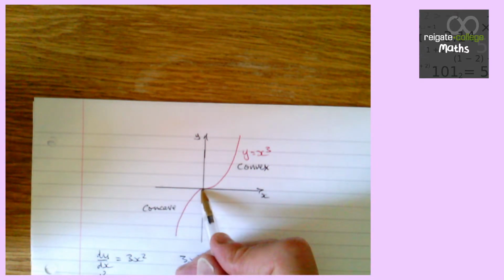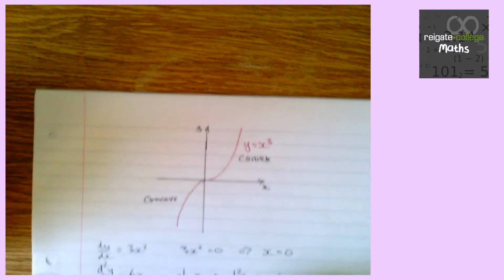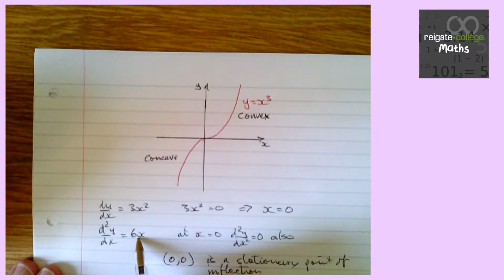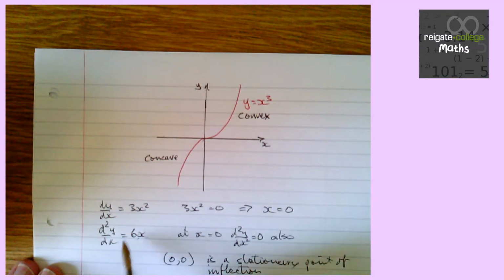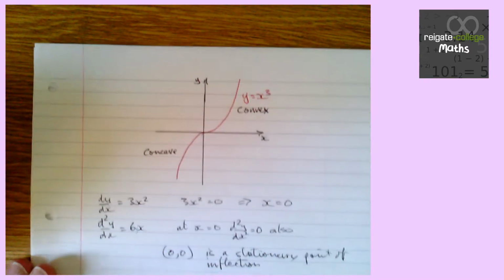So you can see x negative here, then my second derivative is going to be negative, less than 0. That's where the curve is concave. Over here, x greater than 0. Second derivative is greater than 0, it's convex.